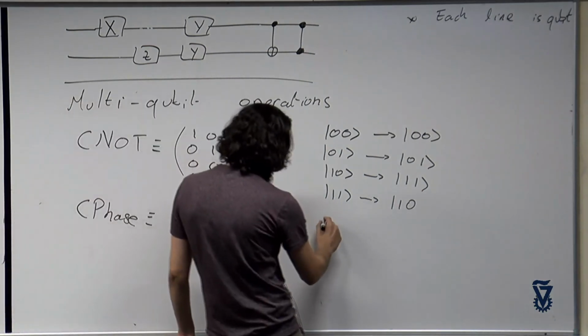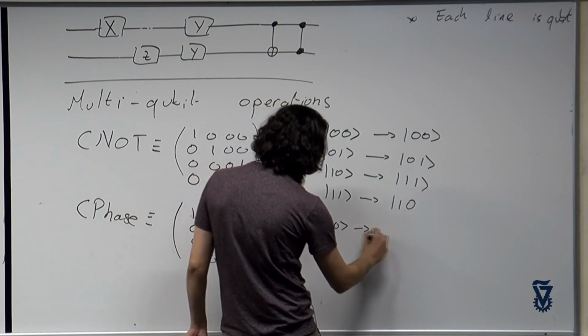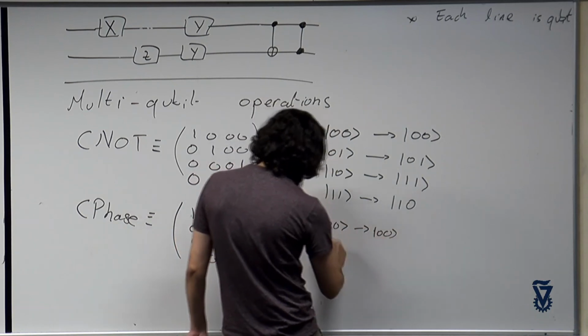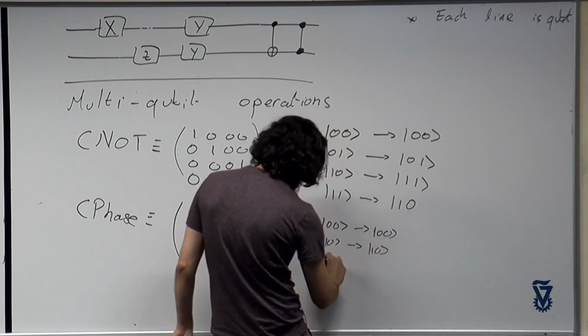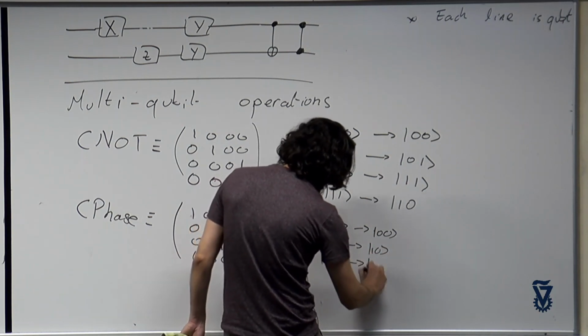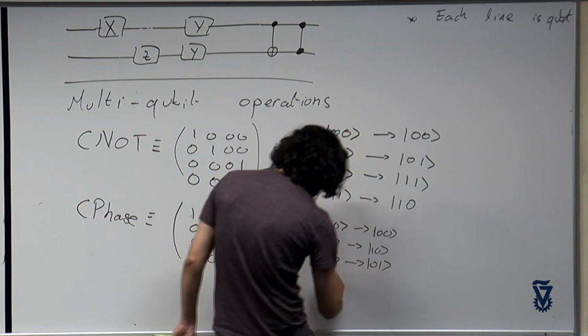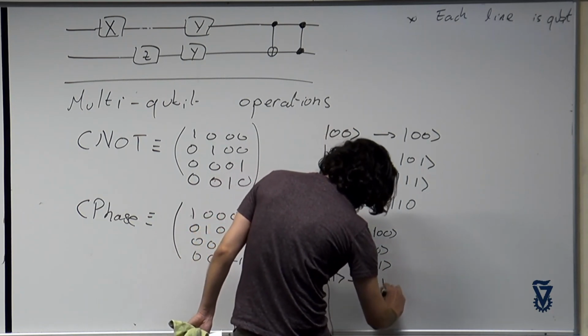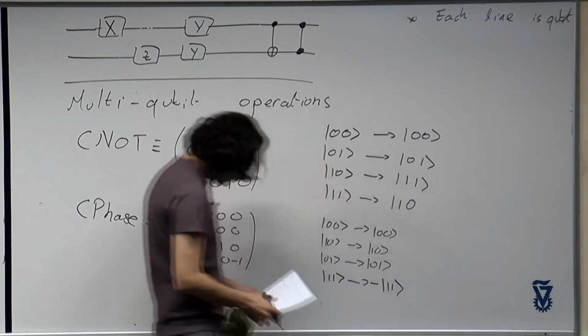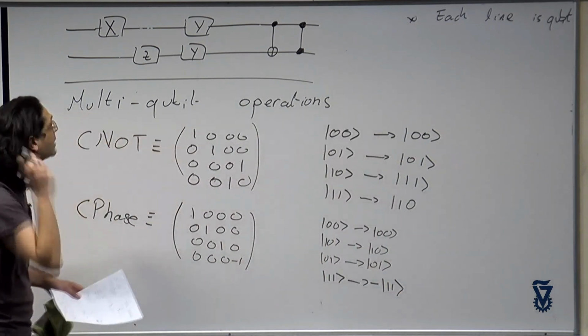A C phase will take 0,0 to 0,0, 1,0 to 1,0, 0,1 to 0,1, but it will take 1,1 to minus 1,1.